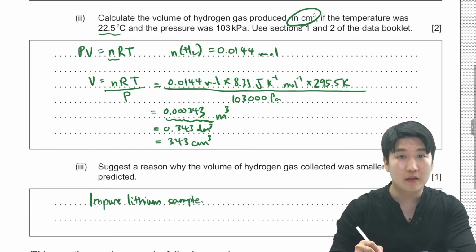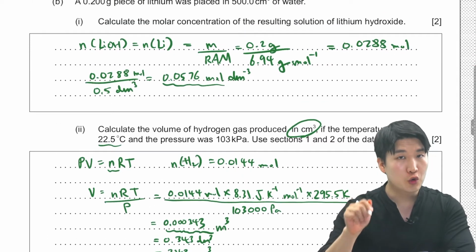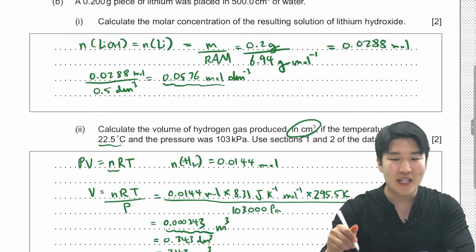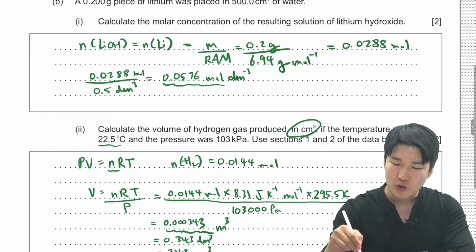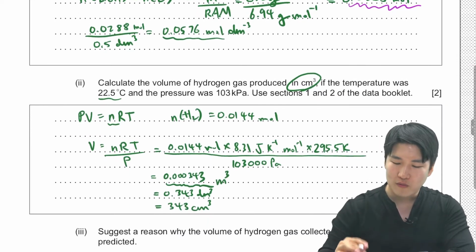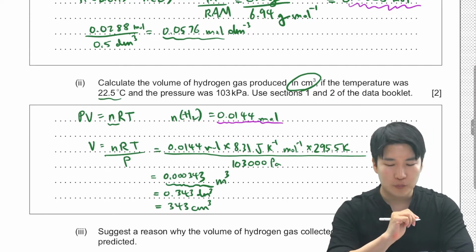What does that mean? That means that the actual amount of lithium used that has reacted was not 0.0288, was not this value, but instead lower. And that would also affect the amount of hydrogen produced to be less than 0.0144 mole.